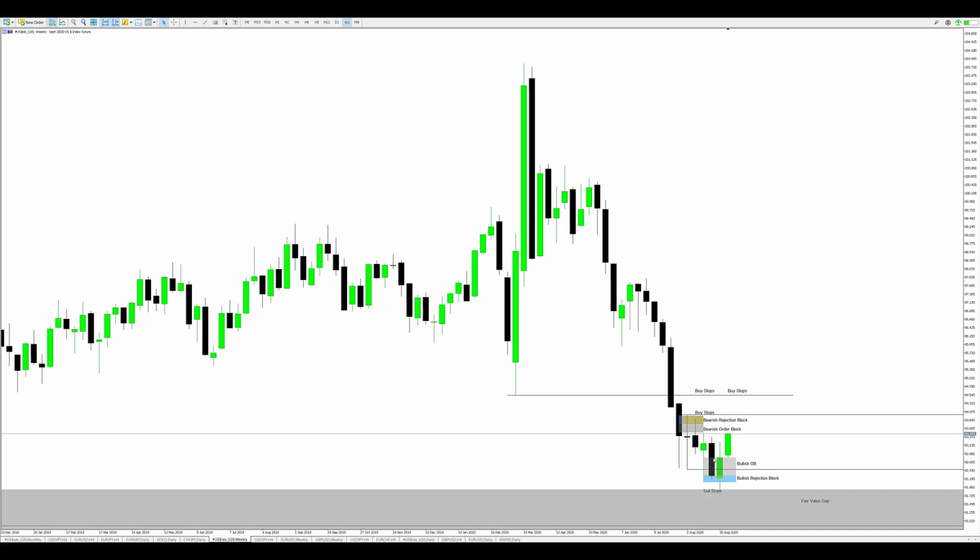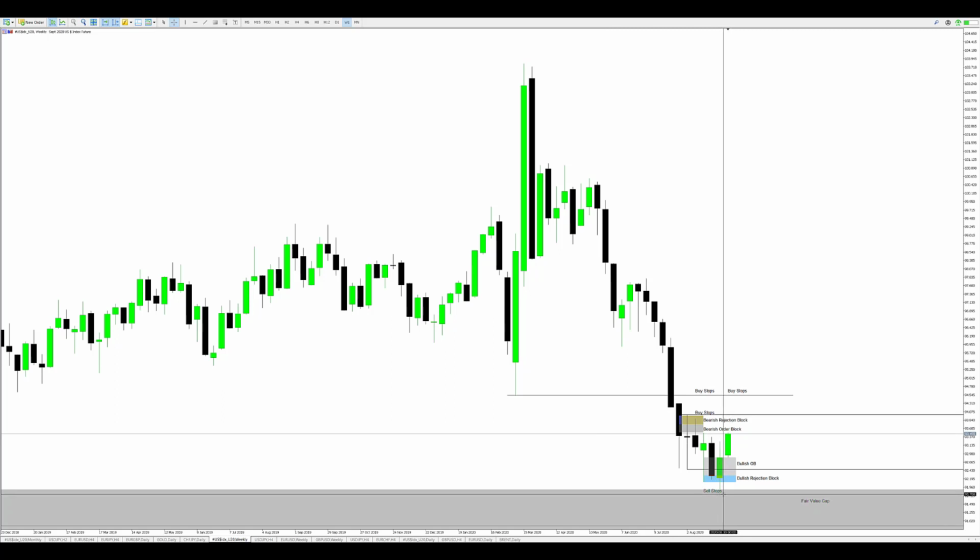Our last down candle, this candle here, traded lower, clearing the buy stops below this low here. That's coming in at 92.17, so that's an institutional price, 92.20.